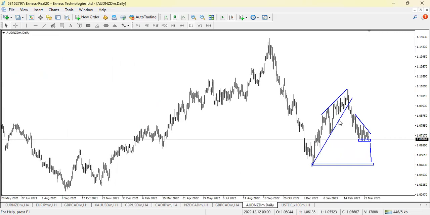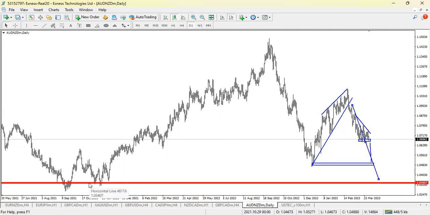That was the time when it was forming this continuation pattern. I said we have this S-A, and now we are going to expect this S-B after the breakout, and this is coming to touch this point.